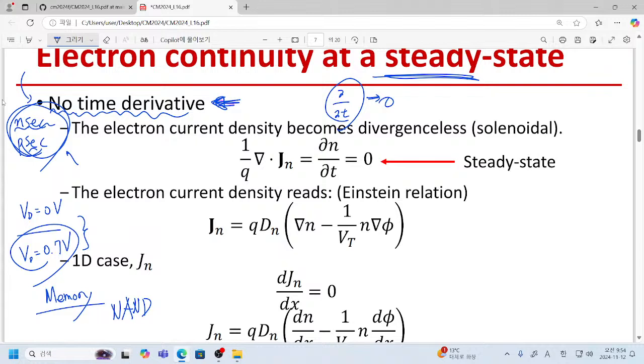They are really quick. However, for NAND, in this case, the time scale is not determined by the motion of electrons inside the polysilicon channel, but by the injection from the polysilicon channel into the nitride region.